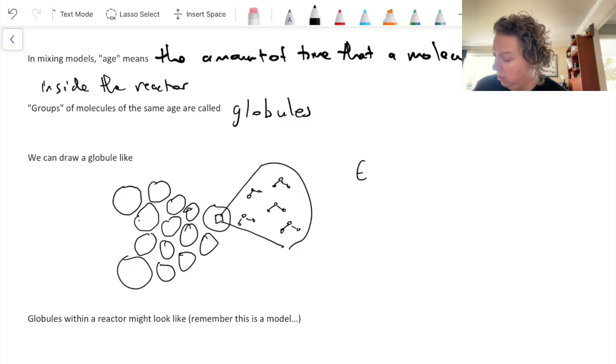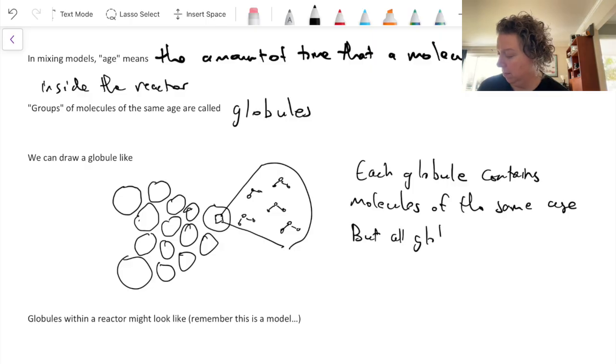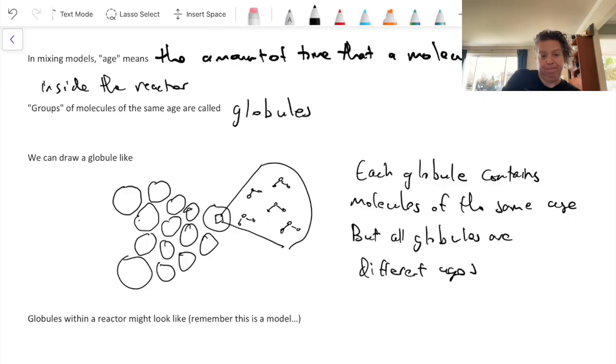So each globule contains molecules of the same age, but all globules are different ages.